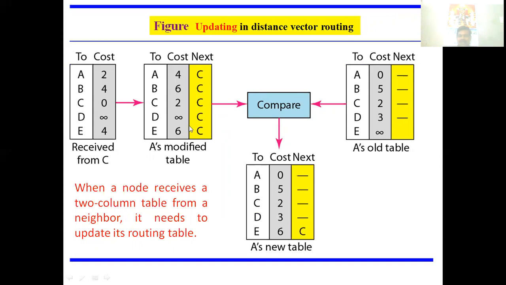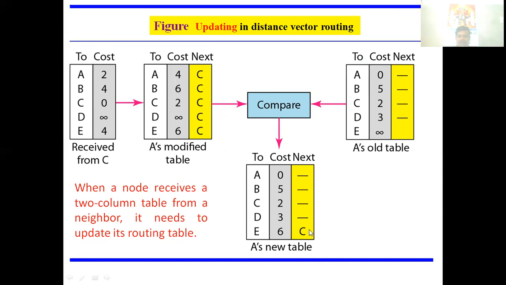Next the smallest value is 6, so we are taking 6. Since we are using this value, this is the updated table after getting the table from C, so we have to put the value C here.